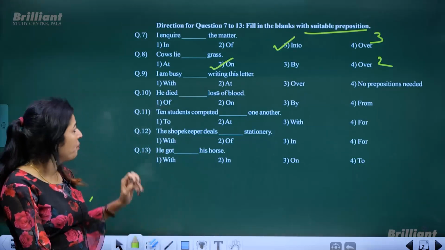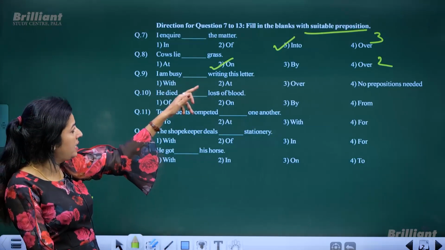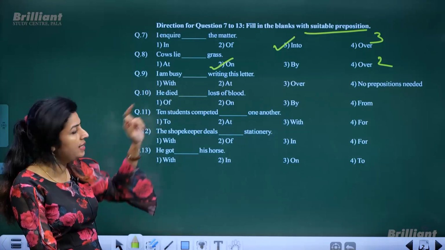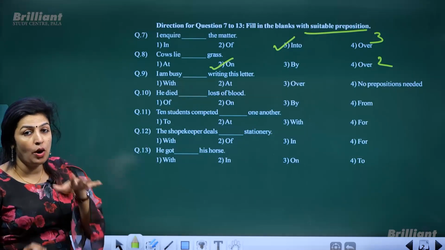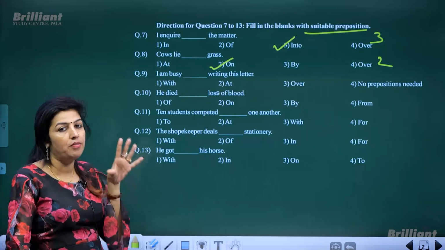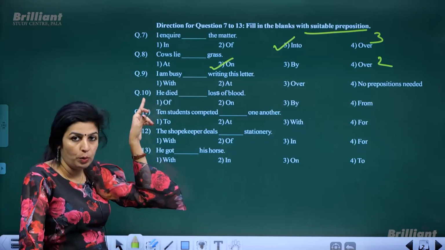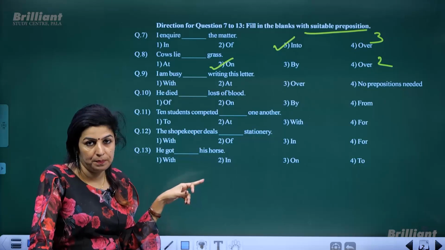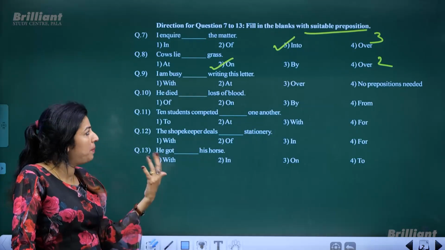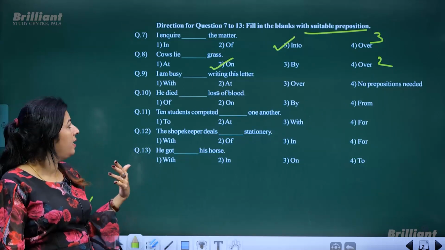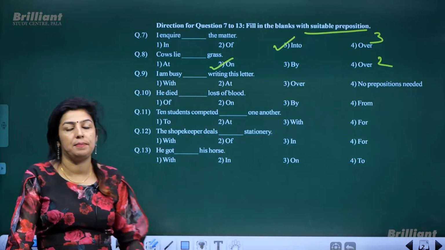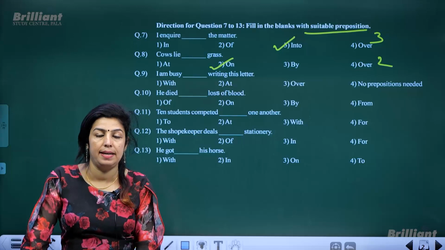So, I'm busy dash writing this letter. I have a feeling that the majority of you might have chosen "with". When we speak, it automatically comes to our mouth, like we say I'm busy with writing this letter.